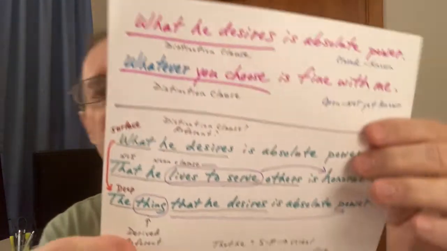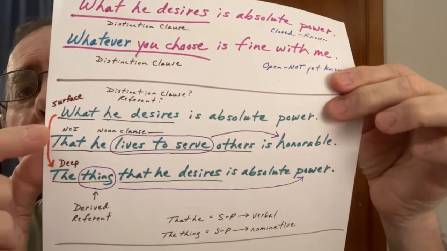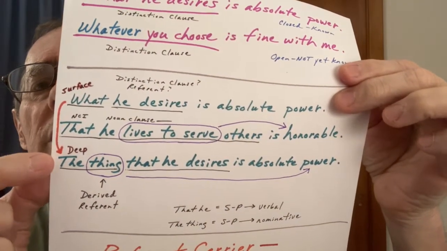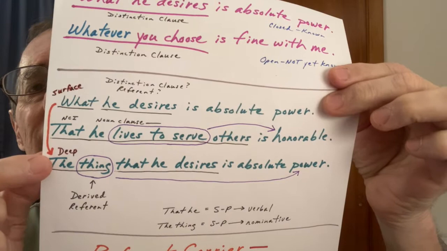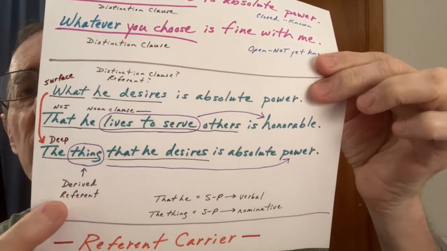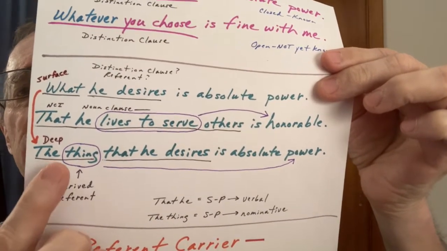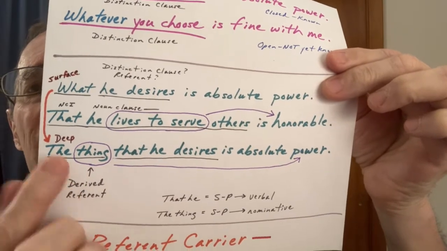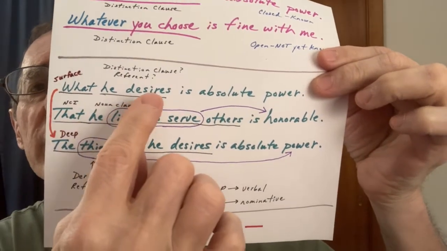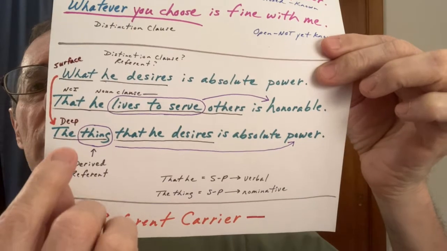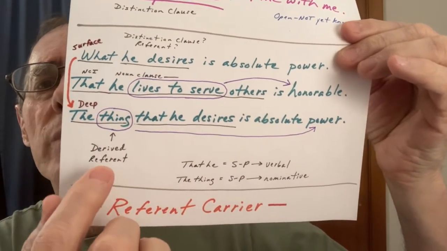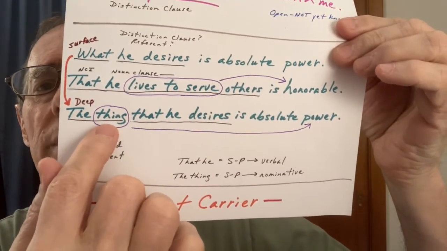So now you see the two sentences, one with the noun clause, one with the distinction clause. And you can see the difference, and you can also see that your derived referent has been pulled out. The basically ghost referent or hidden referent is pulled out, and you can see it plainly and clearly.